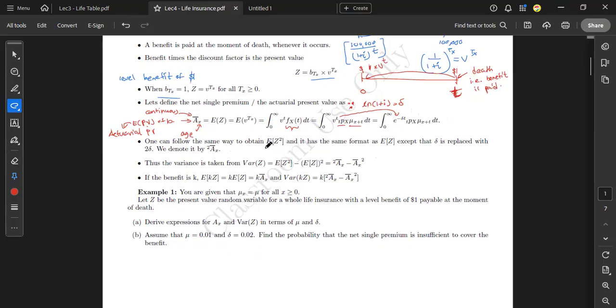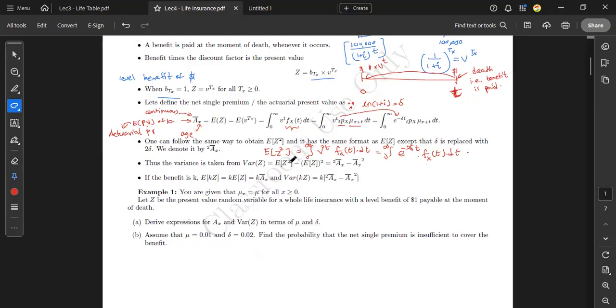And in that case, this is b to the power 2t from delta and fxt dt. This is same as minus 2 delta t fxt dt.